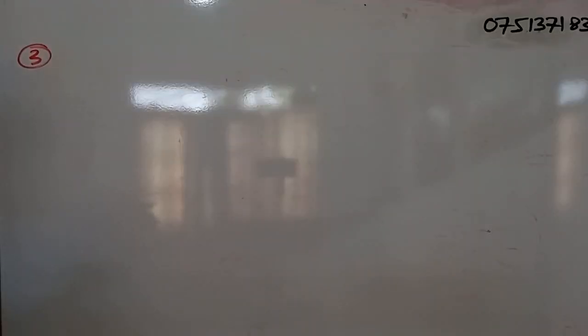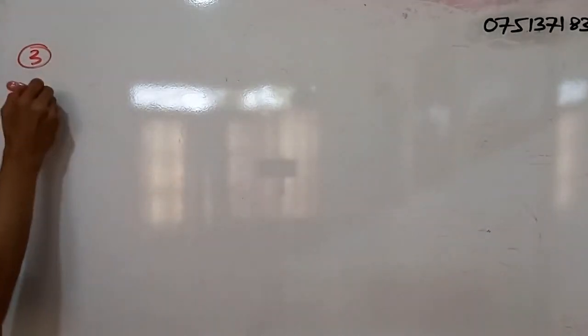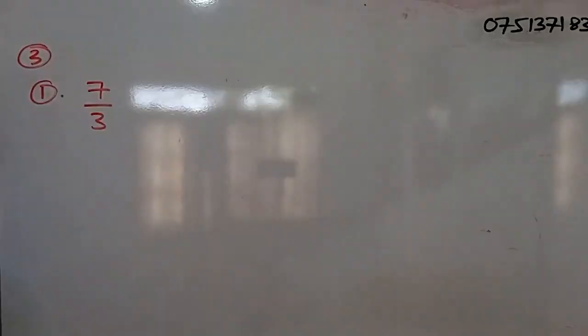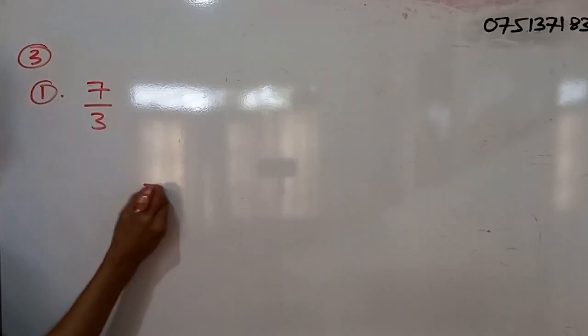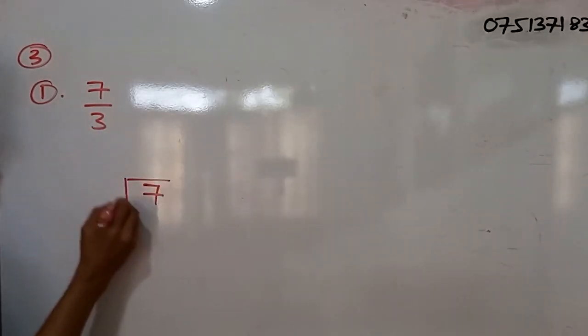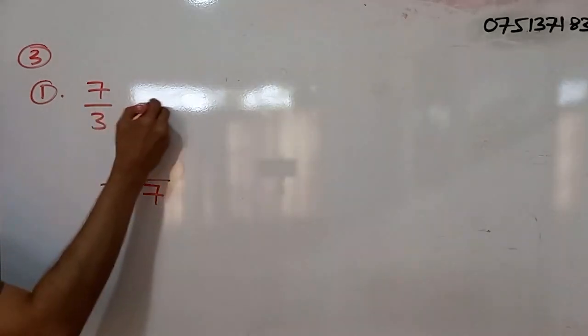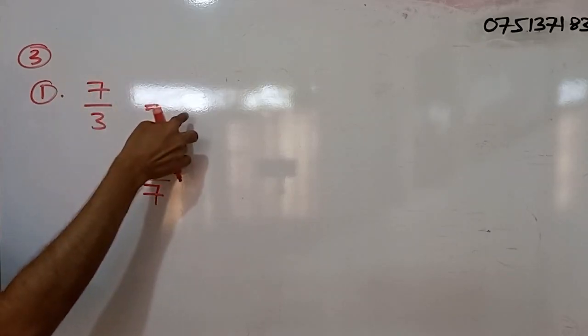Express each improper fraction given below as a mixed number. Now we have to do the reverse. Right? So part 1, we have what? 7 by 3. Actually there are two methods of doing this. The first method is to take the numerator and divide it by the denominator. In any case, we are turning this fraction into another fraction, no?